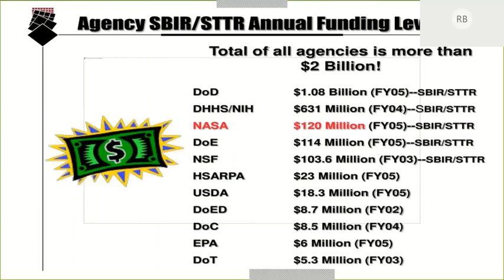DOD, Department of Health and Human Services, NIH, NASA, DOE, and National Science Foundation. Those are the top 5 with dollars. But I encourage you not to look just at who's got the most money. The guiding force here is to look at who's asking for technology, for health and technology, with something that your company does.